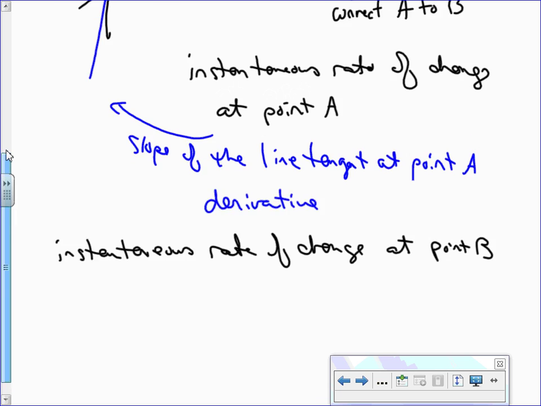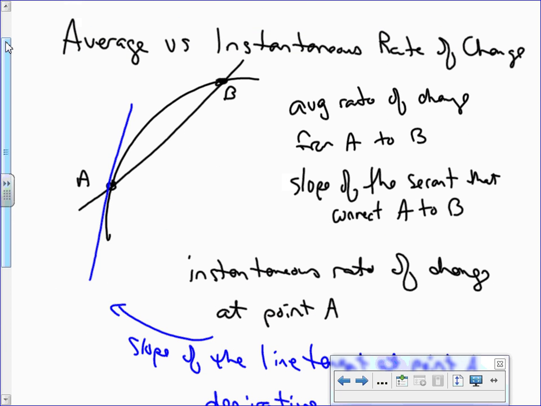The instantaneous rate of change at point B is the slope of the tangent line at point B.